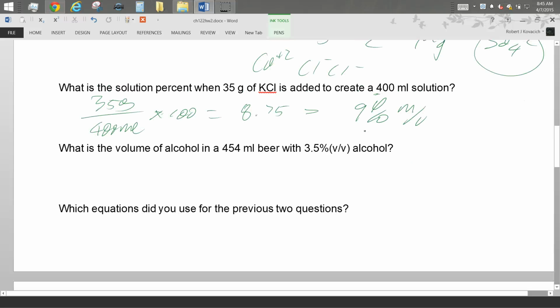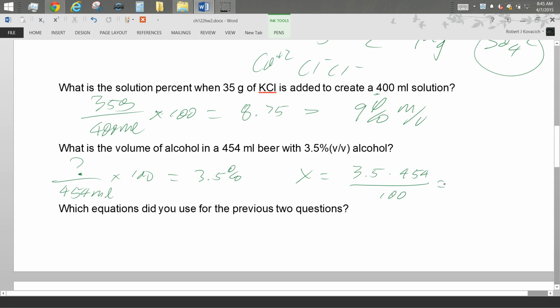Okay, so we've got this beer and this alcohol, and I got 3.5%. So 3.5 is my percent answer. This is 100 times, and it's 454 milliliters. So I don't know that thing right there. So my X is going to be equal to 3.5 times 454 divided by 100.